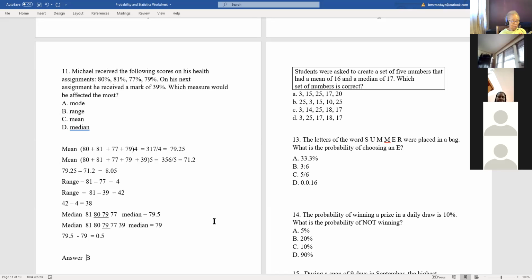So you could pretty much look at this one and tell that the difference between my high and my low is going to be my biggest difference, because that's such a low score compared to all these scores. So you can simplify your life and say, oh, it's got to be my range. My mean and my median will not be changing by more than that. All right.